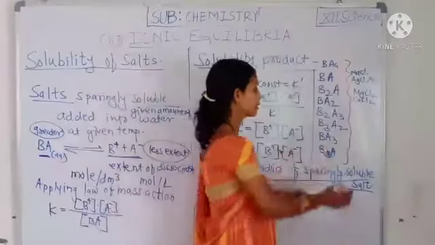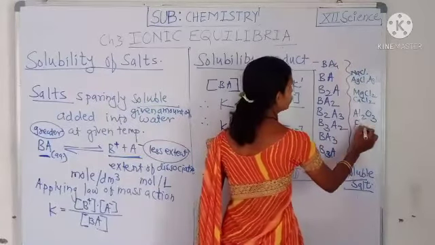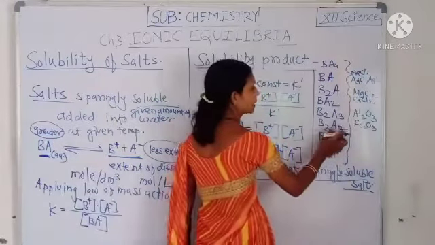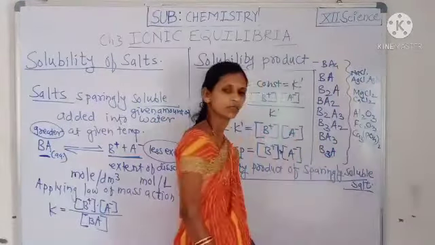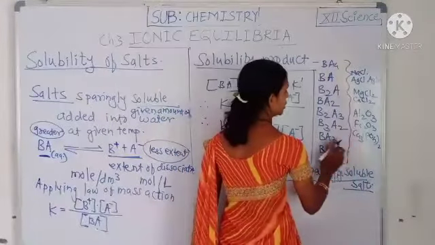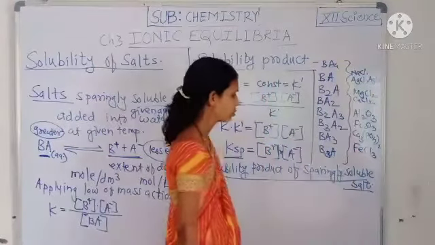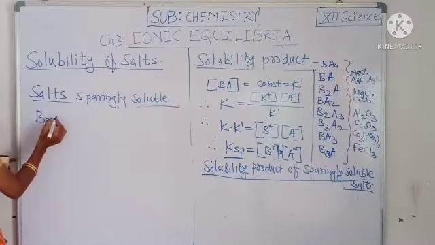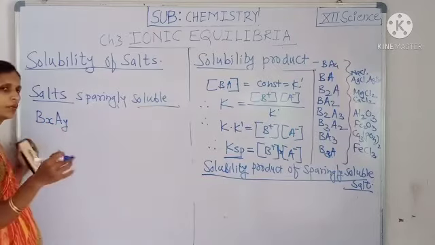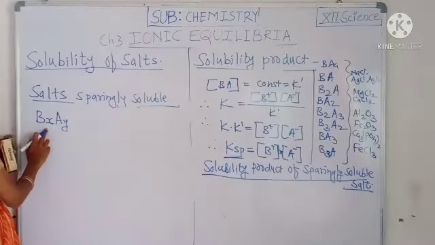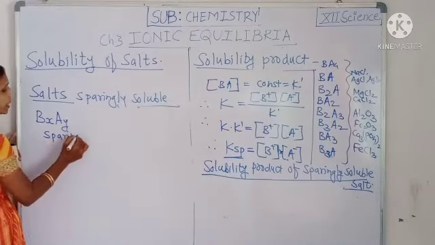B2A3 type salts are Al2O3 or Fe2O3. B3A2 type is Ca3(PO4)2, and BA3 type is FeCl3. In the general formula BxAy, x and y may be any natural number. That BxAy type salt is a sparingly soluble salt.